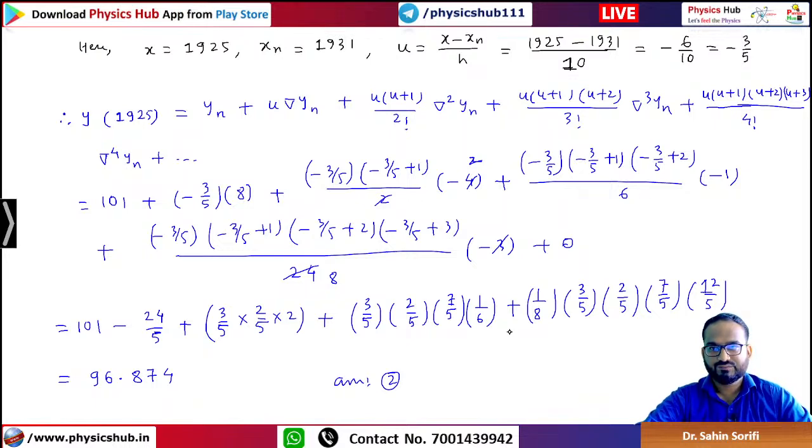Let's go for Lagrange's interpolation formula. Here the values of x are not equispaced.